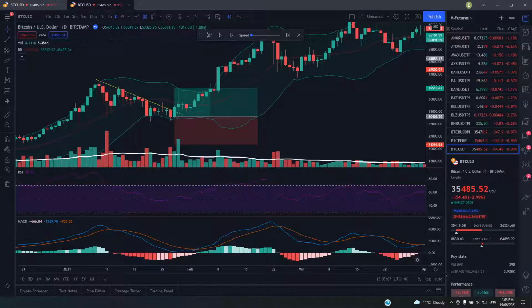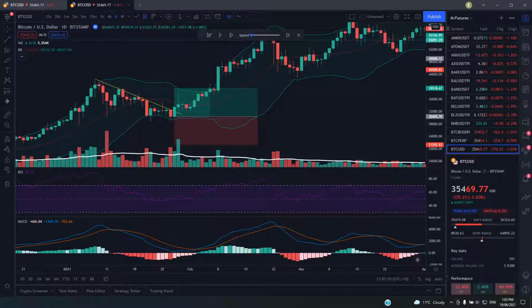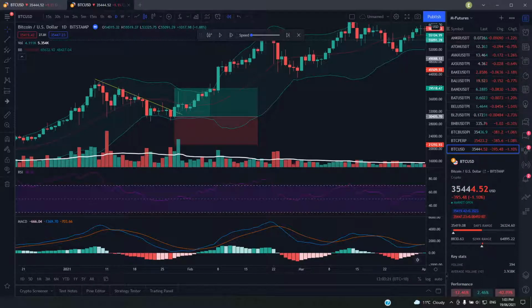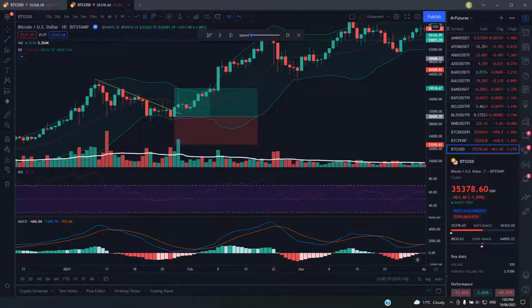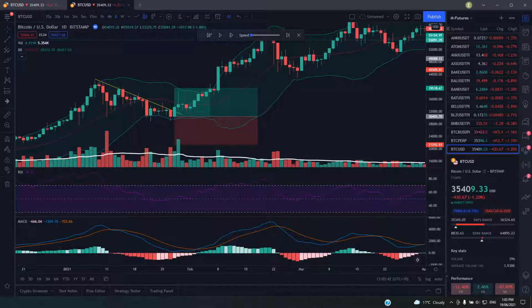provided we have a MACD bullish signal on the histogram and RSI double bottom in the oversold region with similar price action.